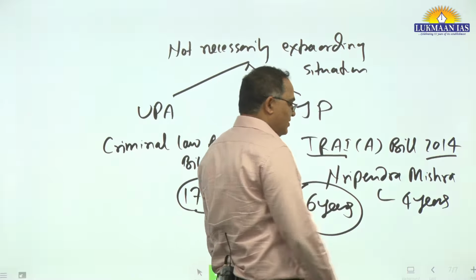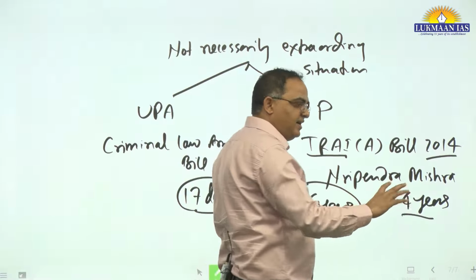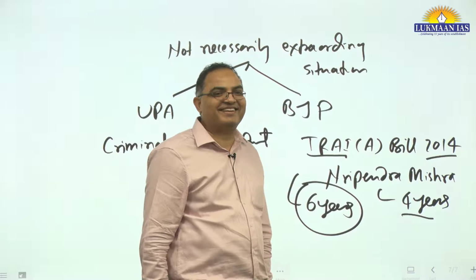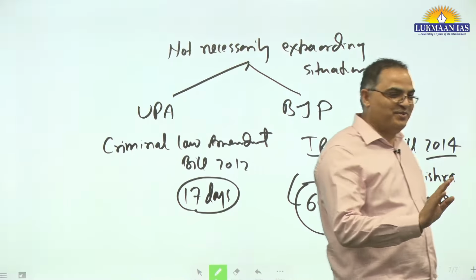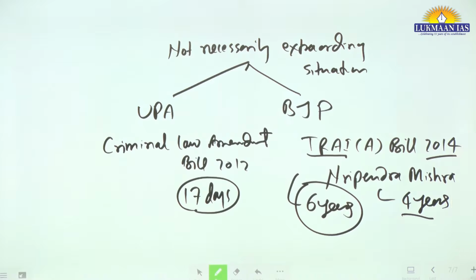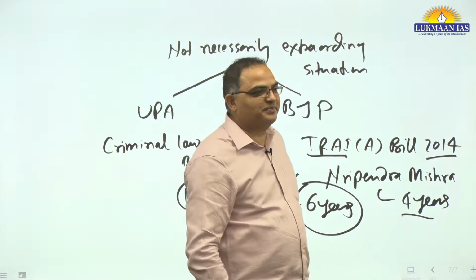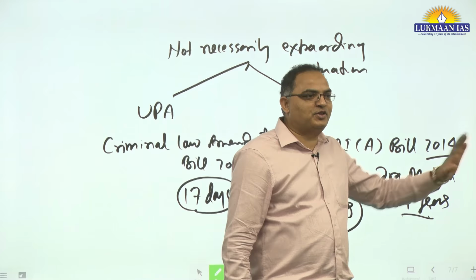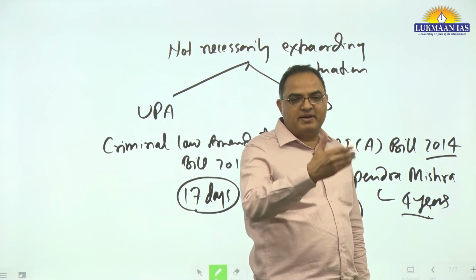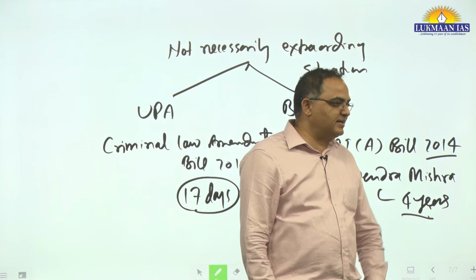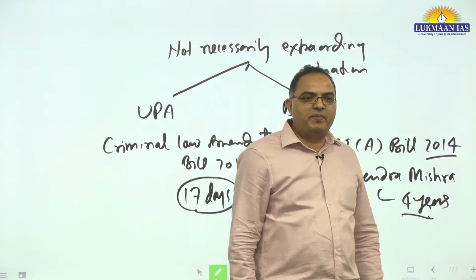I have not changed this, there is empirical evidence. It happened like this, it is not fiction. Facts are facts, you cannot change them. So 4 years means next time another Mishra ji wants to become, let's say, principal secretary, and he has completed 2 years, the TRAI law will be amended again.